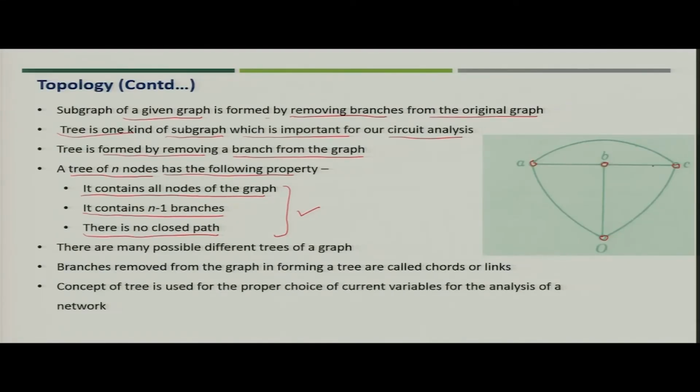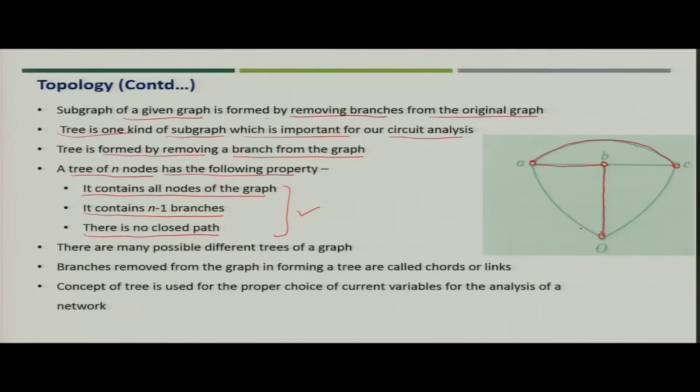So, we have 1, 2, 3, 4 nodes. It means that it will have n minus 1, that is 3 branches. What would be the 3 branches? The 3 branches can be this, because it makes sure that there is no closed path. Or alternatively, you can have the nodes, but your branches can be the first, the second, and the third.